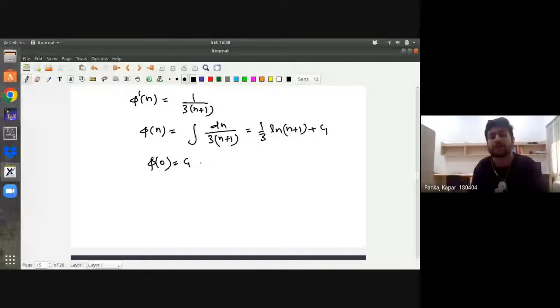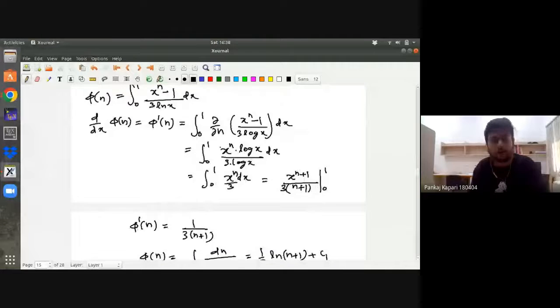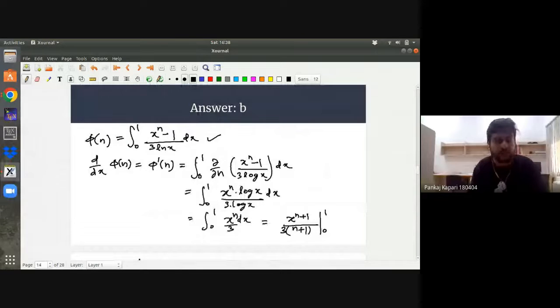But phi of 0 can also be calculated from the given integral, because this is the definition of phi of n. So just put n equal to 0. Then x to the power n will become 1, so 1 minus 1 is 0. You can see that phi of 0, the integral from 0 to 1 of x to the power 0 minus 1 divided by log x, 3 times dx, will become just 0, because x to the power 0 is 1.